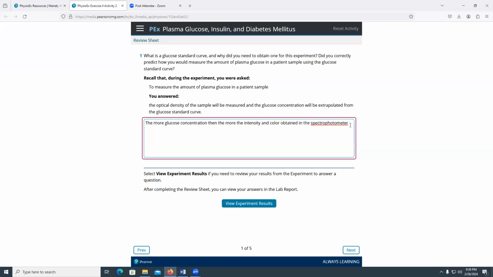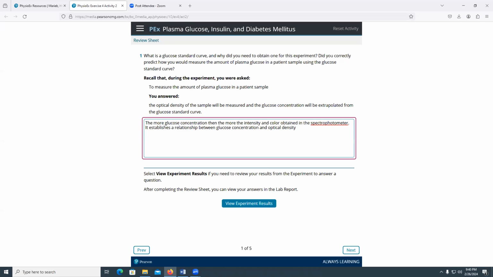Okay, did you correctly predict how you would measure the amount of plasma glucose in a patient sample using the glucose standard curve? What is a glucose standard curve? It establishes a relationship between the independent variable being glucose concentration and optical density.